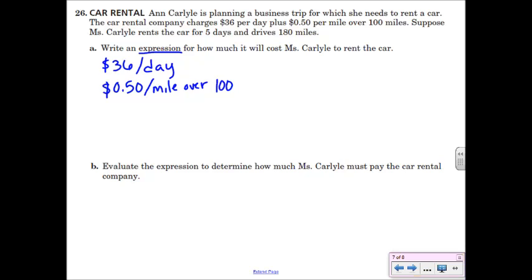Now I'm going to call my days D, and I'm going to call miles over 100 M. So that means that for every day that she rents it, they're going to charge her $36. And on top of that, for every mile that she drives over 100, they're going to charge her 50 cents.